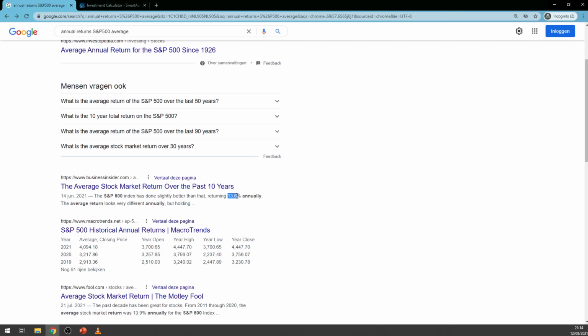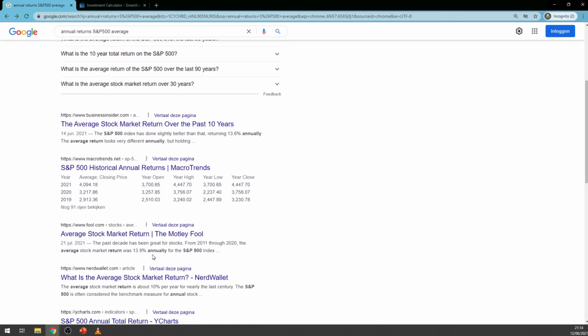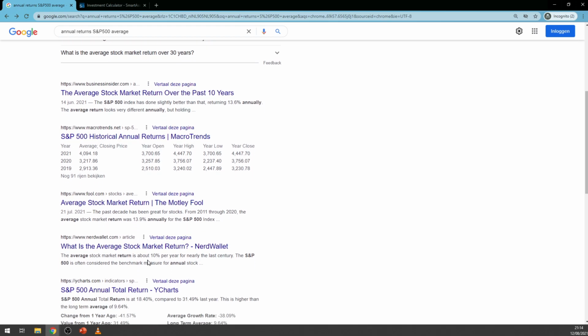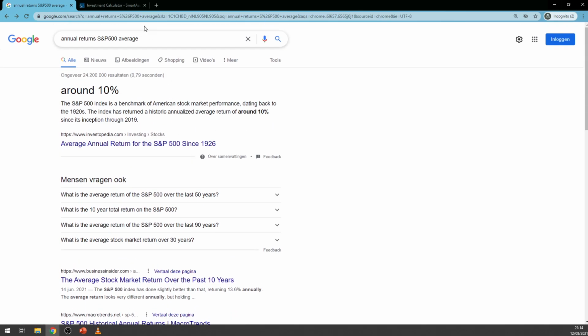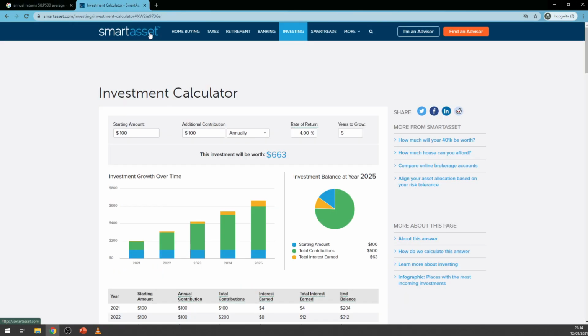A return of 13.6. I think that's a bit much. 13.9 annually. Average stock market return is about 10%. So I think if we say 8 or 9%, that's a little bit on the low side, but that should be fine. And then in this case, we go to smartasset.com, but there's a lot of different calculators as well. So please use the one that you like to use, of course.